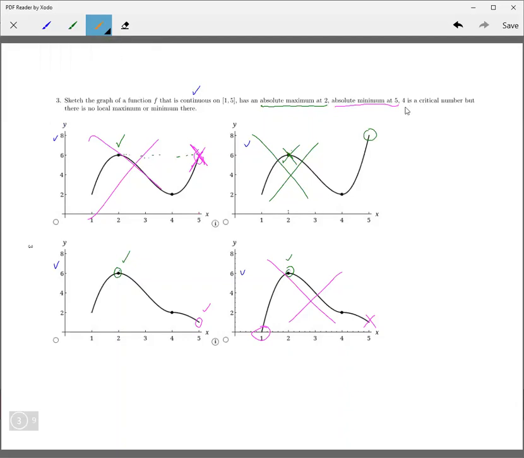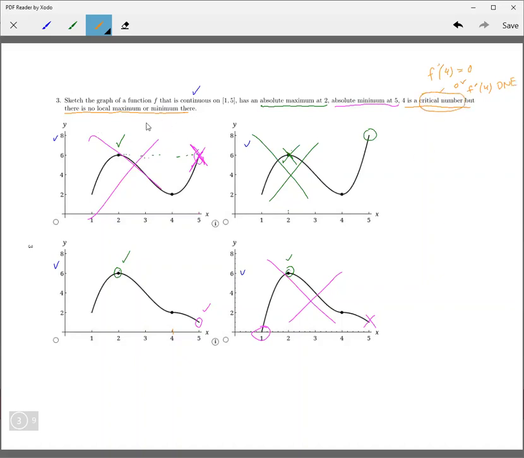The last condition is 4 is a critical number, but there's no local maximum or minimum there. Okay, so at 4, remember, critical number means the derivative has to be 0 or the derivative does not exist. That's what critical number means.